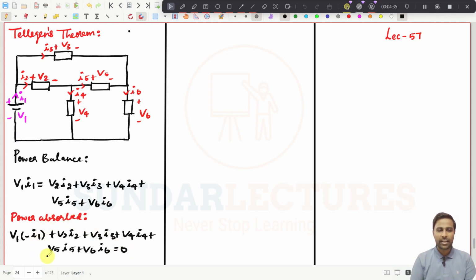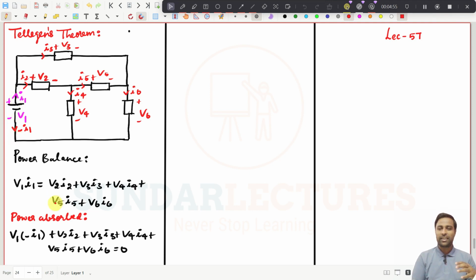I have written it in a way that it is power absorbing. Maybe you change this current direction in the opposite way, and say this is minus I1. If this is the current I1, change the direction and put minus I1, and now this current is flowing from plus to minus.